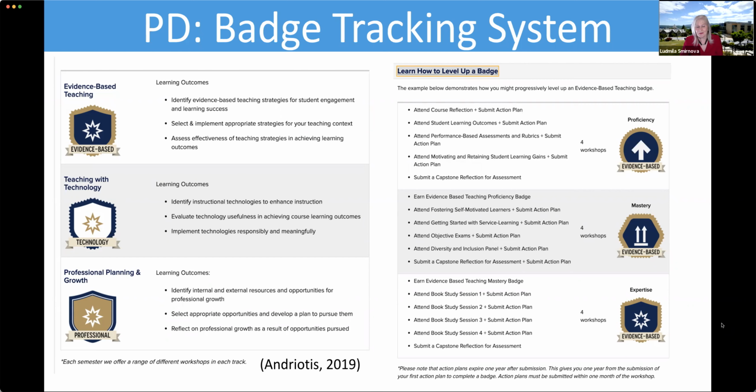We started it a few years ago when we had a special coordinator of professional development, who is not with us anymore, but she introduced this idea, and professors liked it because if you participated in a few professional development events, you get this. It's like Nelly said about a level up. There are different badges for different types of faculty activities. Right now, we are discussing who would track it, who would be doing it.